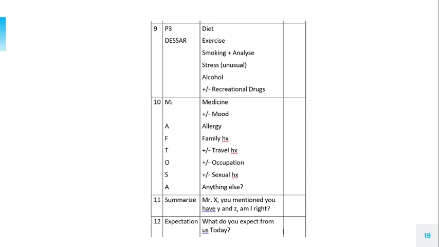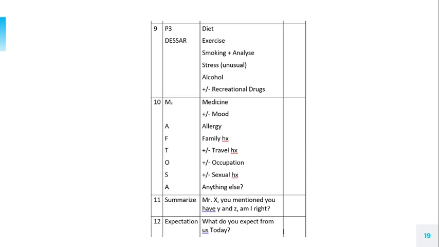I always ask about the family history. The T, O, and S, you may or may not want to ask them depending on the scenario: travel history, occupation, sexual history. For example, in this scenario, I don't think the sexual history adds any value. Then A, anything else, always ask that in P3 afterwards. So the ones without the plus or minus, those are things you should ask in almost every scenario in MAFTOSA.